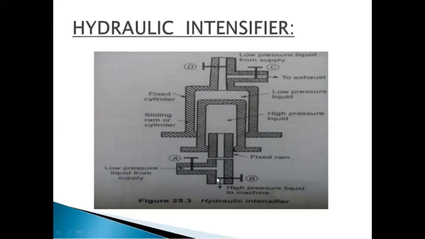Now, see this picture clearly. You will observe that from the front view, it looks like a rectangular structure, but actually it is not a rectangular structure. This is the front view of the cylinder.